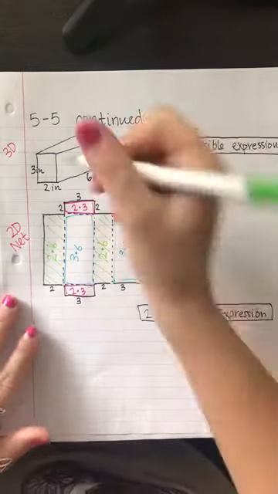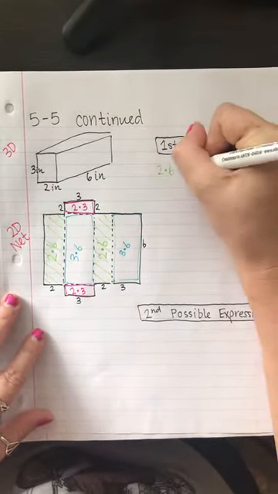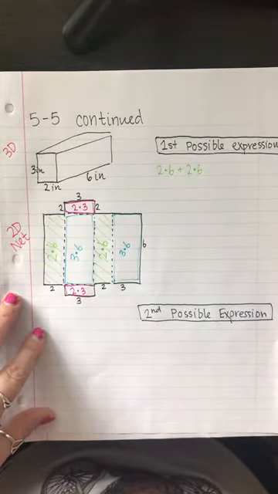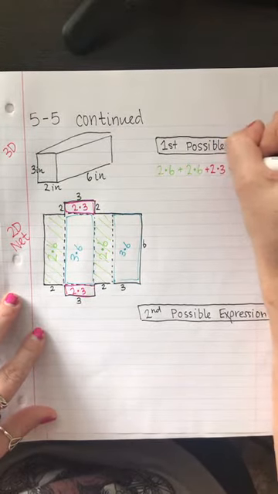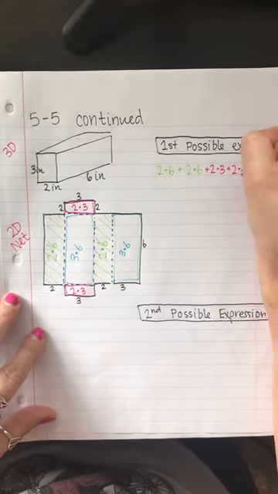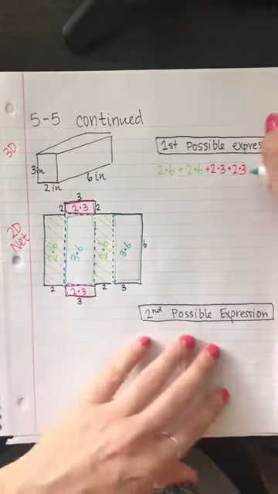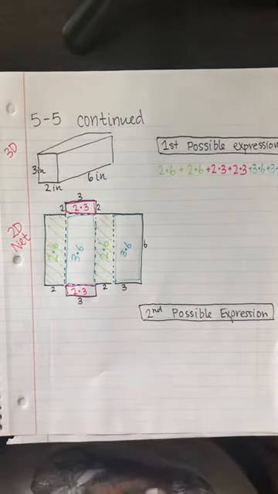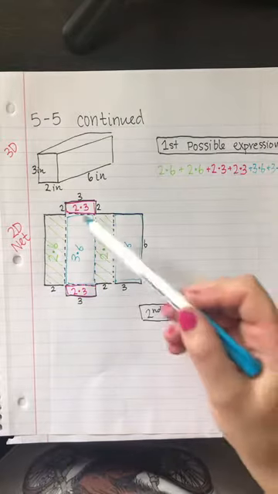So I could do 2 times 6 plus 2 times 6, there's my greens are done, plus 2 times 3 plus 2 times 3. Now my pinks are accounted for, plus 3 times 6 plus 3 times 6. So I've accounted for all of these rectangles.